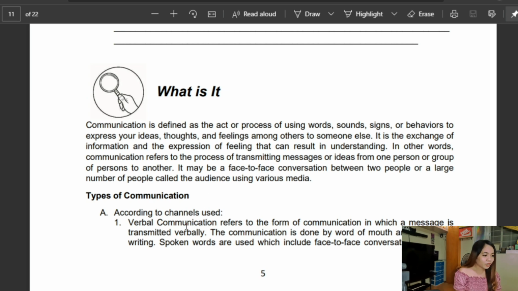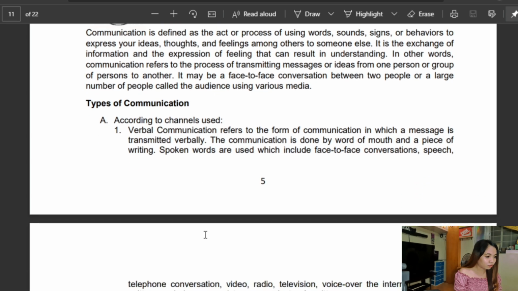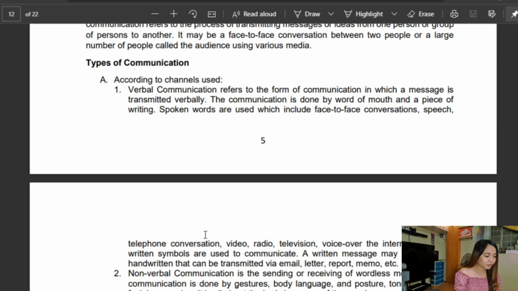Now, there are some types of communication which are also important to know. The first one is verbal communication. Verbal communication refers to the form of communication in which a message is transmitted verbally. The communication is done by word of mouth or a piece of writing.